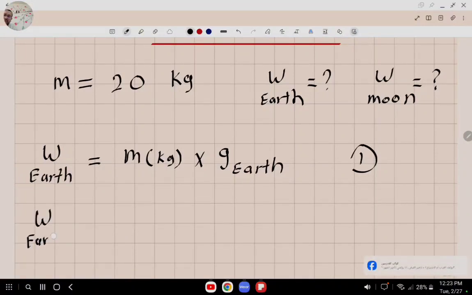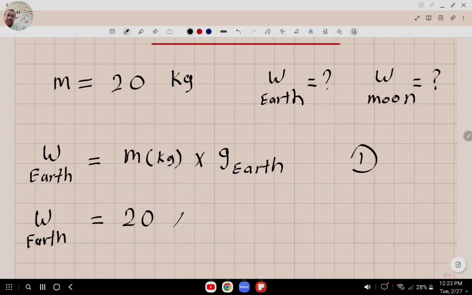Weight on earth equals the mass, you are given the mass 20 kilograms. Remember, the mass should be in kilograms, not in grams. If you are given the mass in grams, you have to divide the mass in grams by 1000 to get the mass in kilograms. This is something very important.